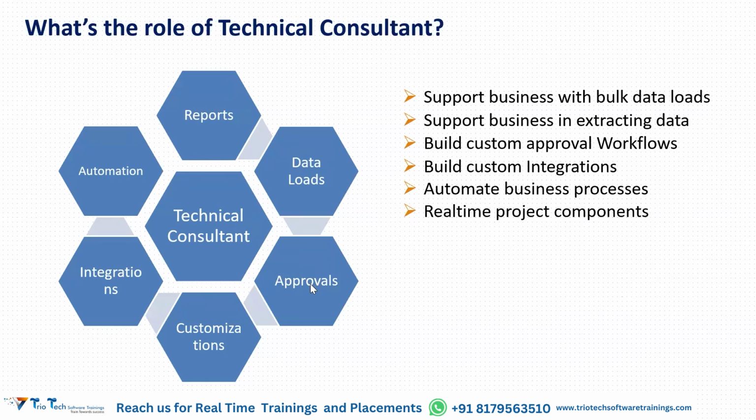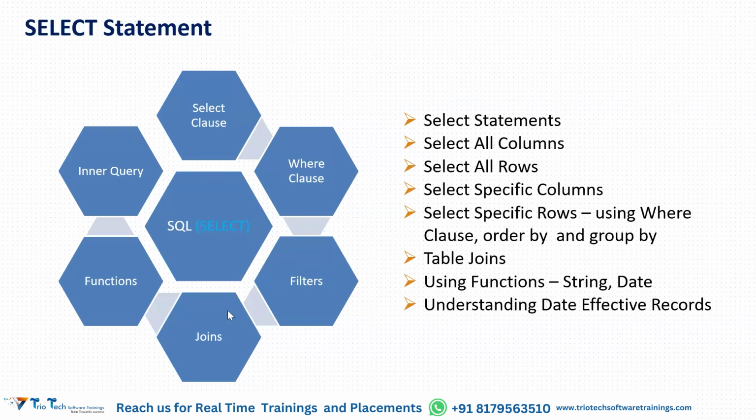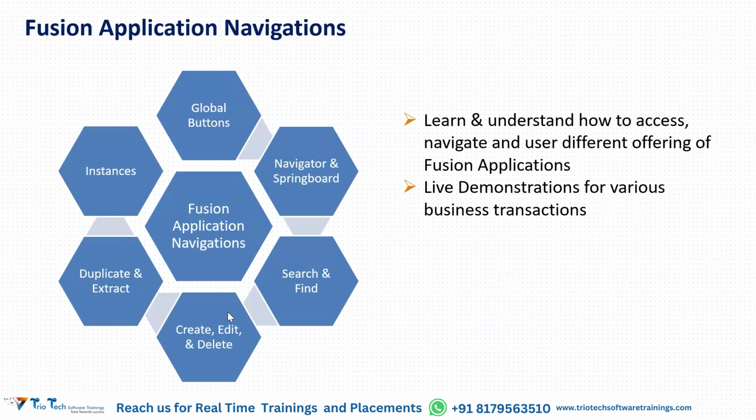Approval management is the work of a functional consultant. Customization is the work of a functional consultant. So all this functional work we are also going to learn from basic to advanced level. That is the reason we claim that after attending this training program, you should end up as a Fusion techno-functional consultant. Clear?